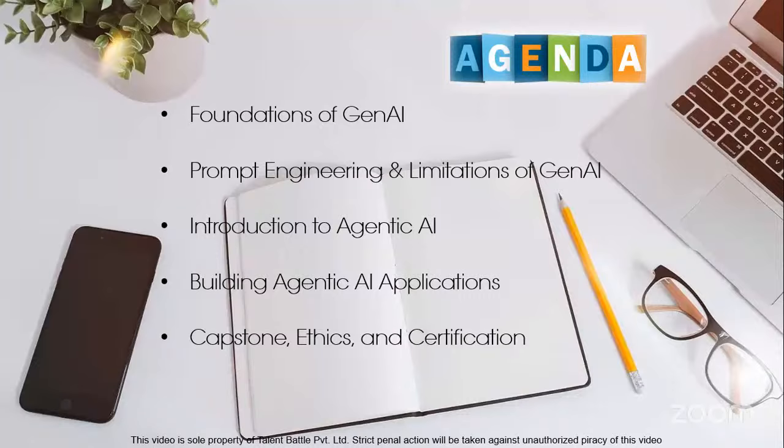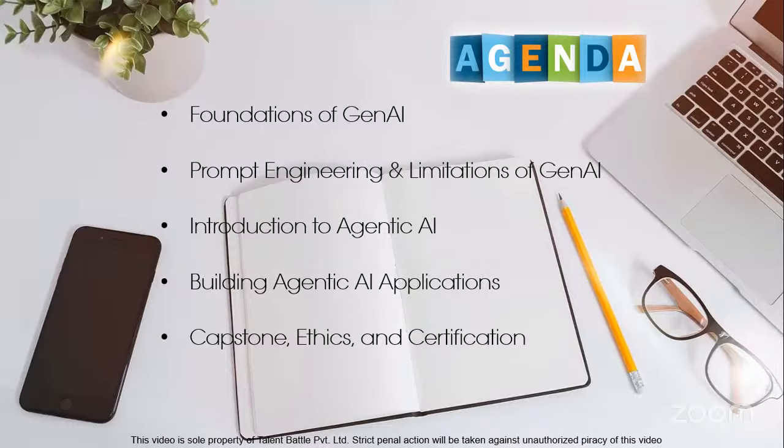So first we will discuss the foundations of Gen AI. Here our objective is to build strong basics of generative AI. Why is it necessary? Because you need to understand the working of generative AI in terms of basic introduction, the evolution of AI, then narrow AI, how generative AI works, then how agentic AI systems work, and some key concepts such as large language models, transformers, and diffusion models.